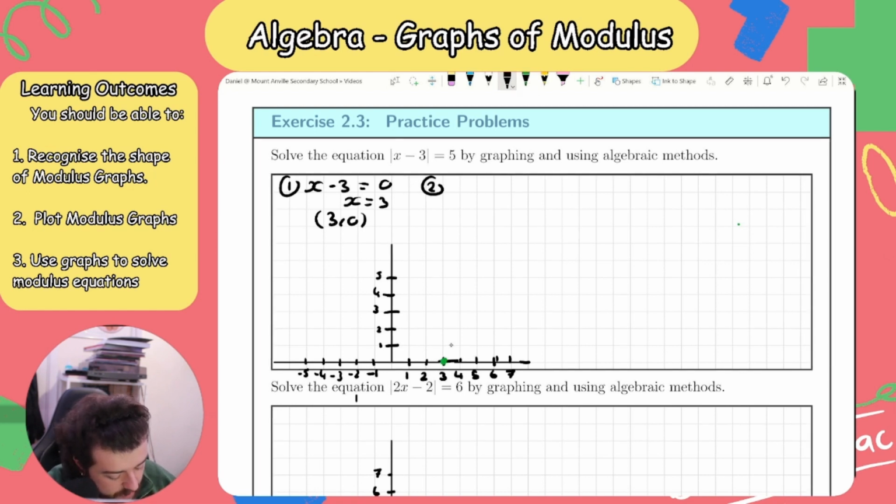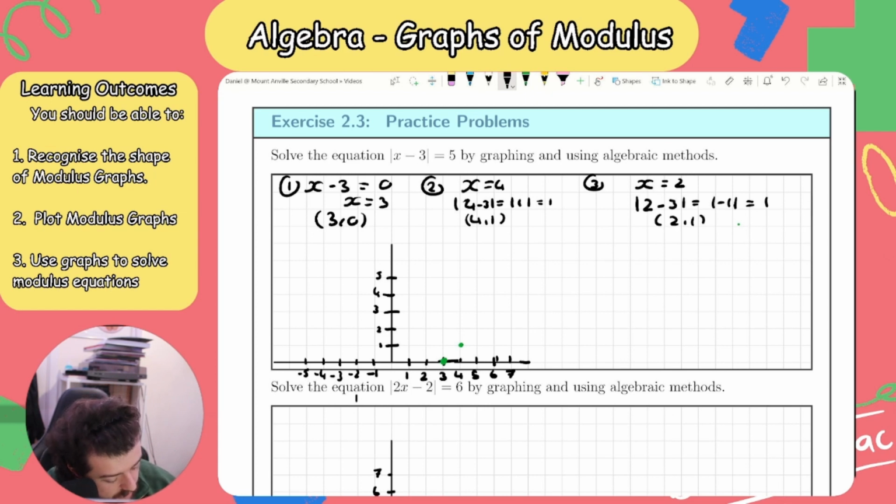My next point, I need 1 to the right. So I'm just going to choose x is equal to 4. So the modulus of 4 minus 3 is equal to the modulus of 1, which is equal to 1. So my second point is (4, 1). And then finally, my last point, I need 1 point to the left, so x is equal to 2. The modulus of 2 minus 3 is equal to, it's equal to -1, which is equal to the modulus of -1, which is 1.